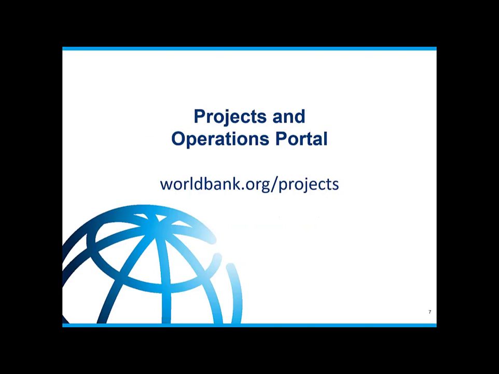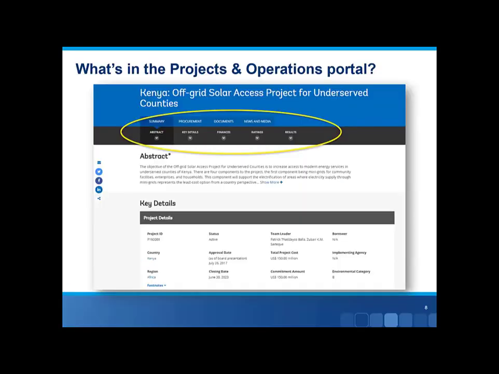In addition to that, if you were looking for projects and operations information, you can also go to our projects and operations portal. This is a more specific look at all the different projects that the World Bank has funded or is working on.